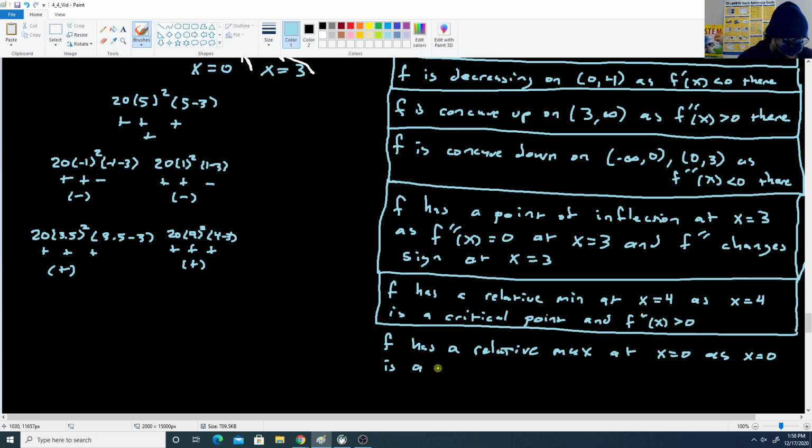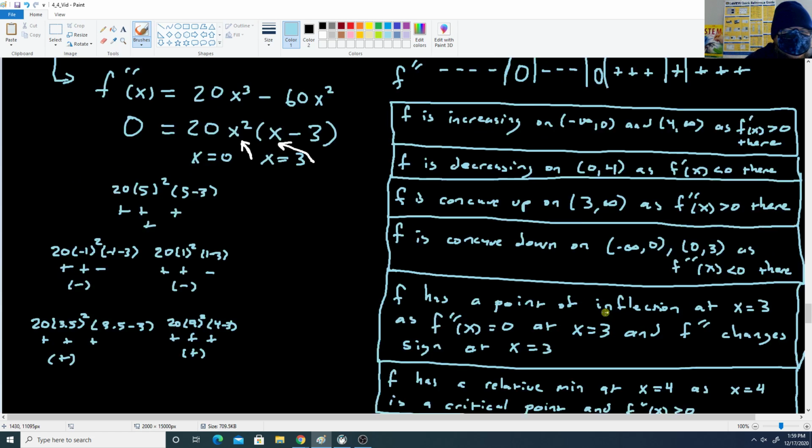let's see, is it as a critical point or do we need it actually equaling 0 for the first derivative test? Let me flip back. That's all right, it's just a critical point. So we have a critical point, and f prime changes from, let's see, what is it, positive to negative?